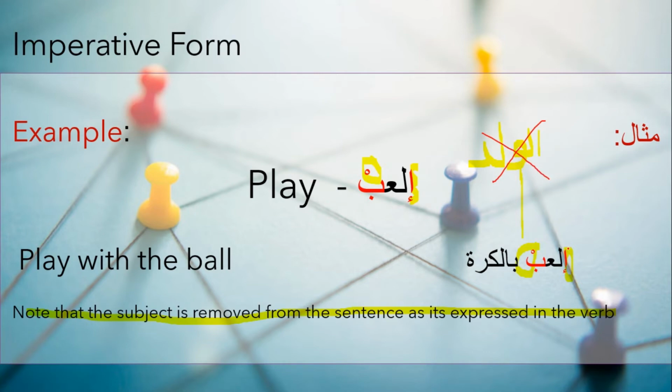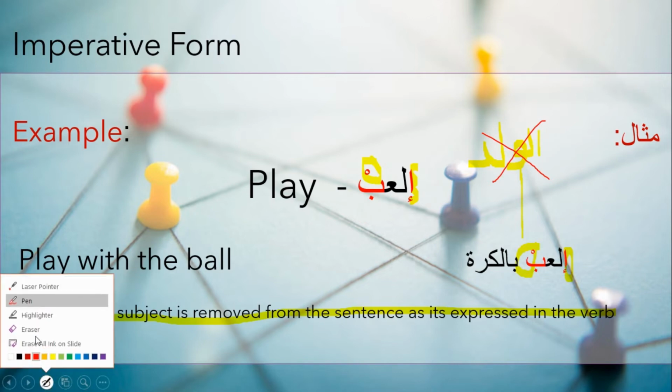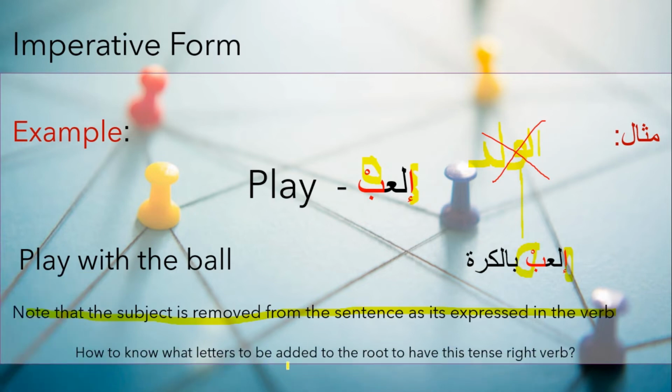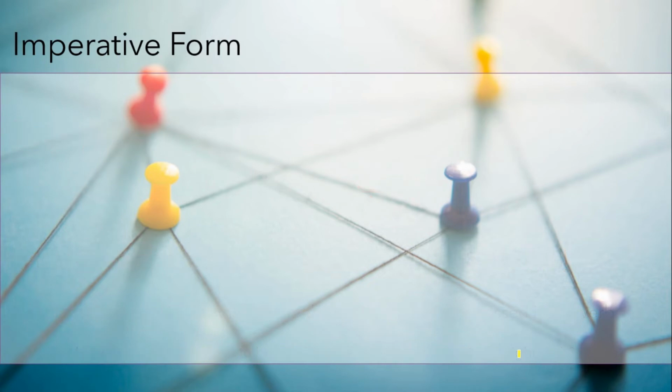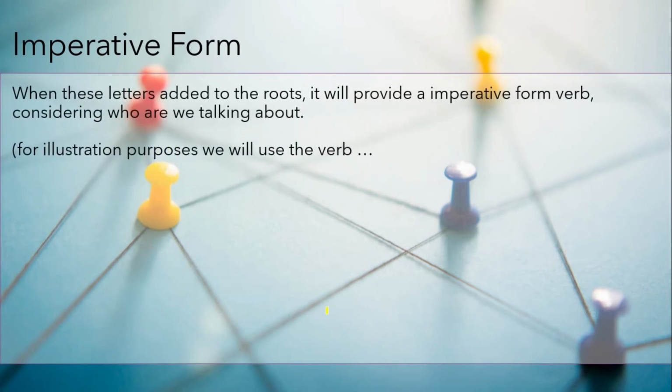So how can we know exactly what suffixes and prefixes should be added to the root to get the right verb tense? Again, we'll be introduced to exactly the same list that we had before. For illustration purposes, I'm only going to use the verb la'iba. Of course, we have to consider who we are talking about.